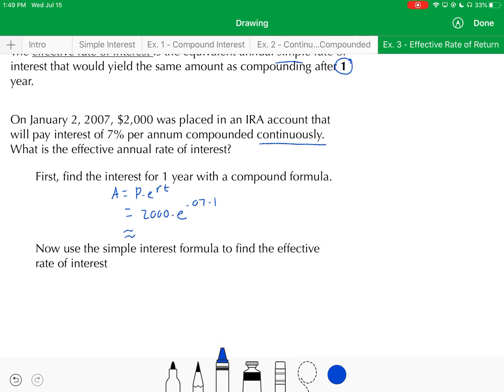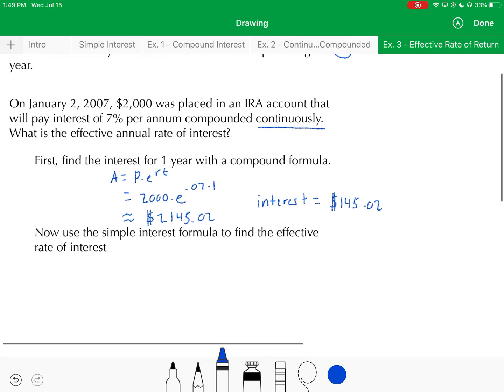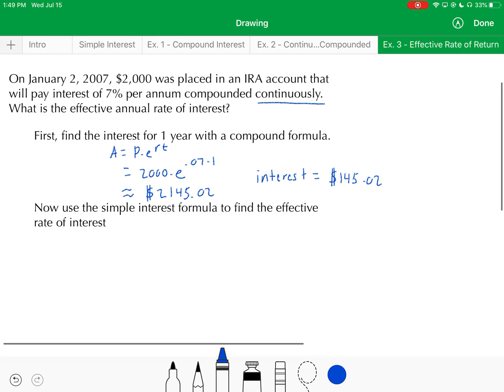And that is going to amount to $2,145.02. So that means the amount of interest that's been gained in this compounding scenario is $145.02.